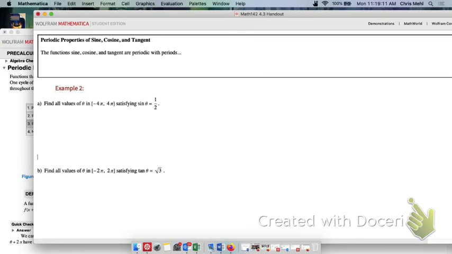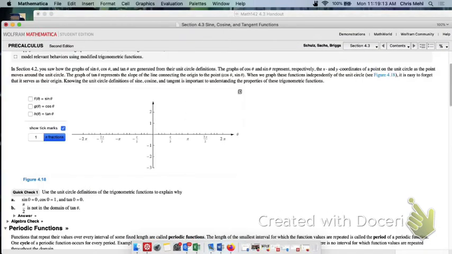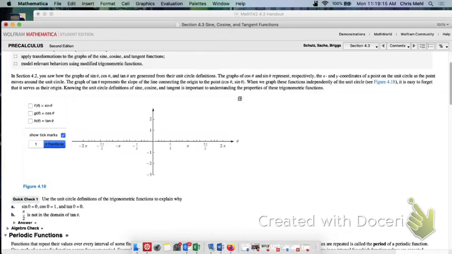Now again, if I go back into the textbook here, and I go to the first figure, this would be figure 4.18. If you look at the graph of sine and cosine, just looking at the graph of sine, again, here's one of the cycles, and that cycle has a width of 2 pi, so that would be a 2 pi periodic function.